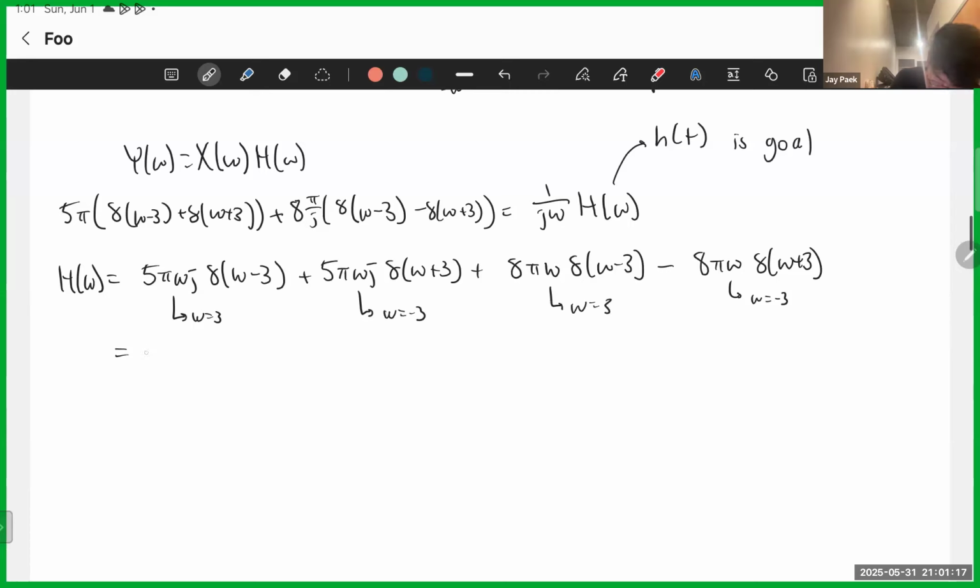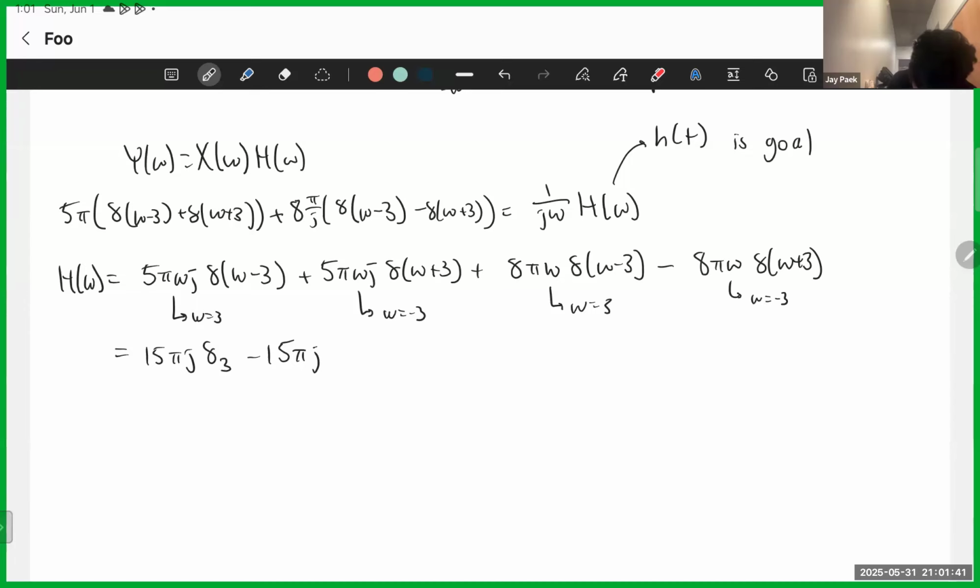And so we evaluate. I'm just going to write delta 3. You could always make it a delta placed at 3, so I'm just going to abbreviate it because it is coherent to me. This will help you save time.